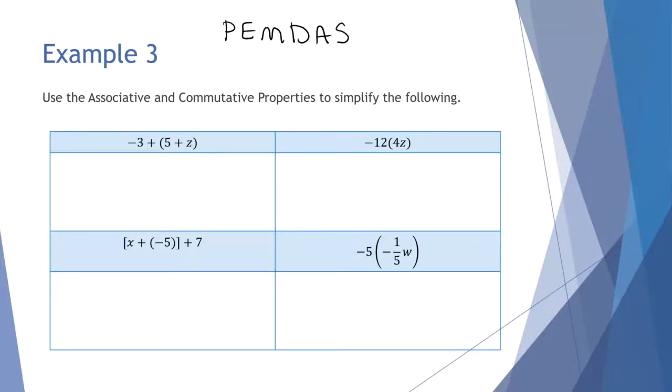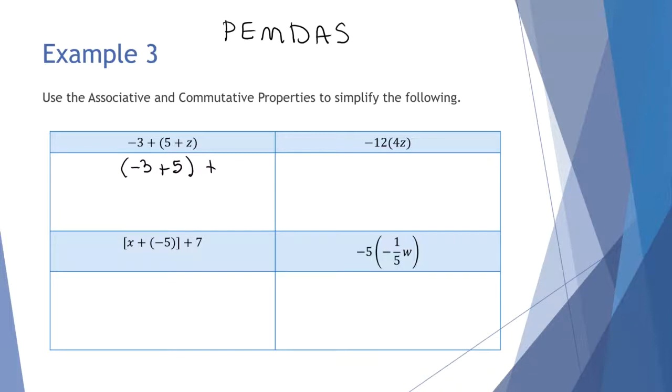It says parentheses first. My parentheses say 5 plus z. But those are not like terms. They're not similar. One's a number, one's a letter. How do you add a number and a letter together? You can't. So I need to use the associative property to move the parentheses where I have grouped together. So I can rearrange this as -3 plus 5 and then plus z.